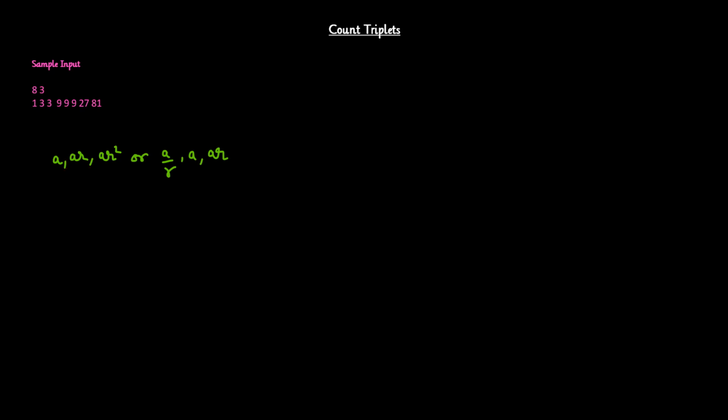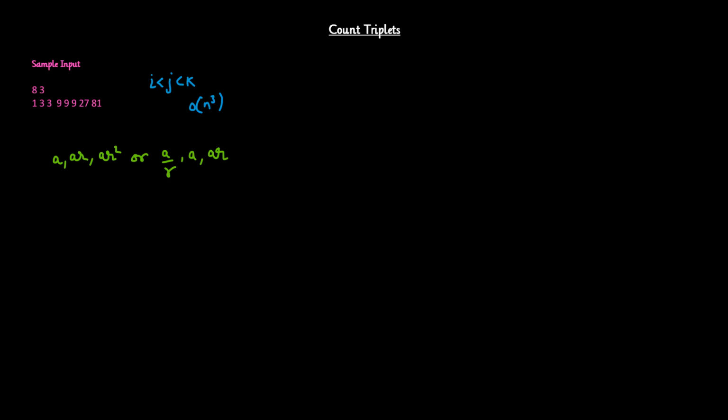If they exist, it can be counted as a valid triplet, but we have to make sure it also follows the condition where i is less than j is less than k. By using that, we can solve this problem, but due to 3 nested loops the complexity will be n cube, which is too much. But we have to see if there is any optimized way to solve this question. So let's see how we can optimize this solution.